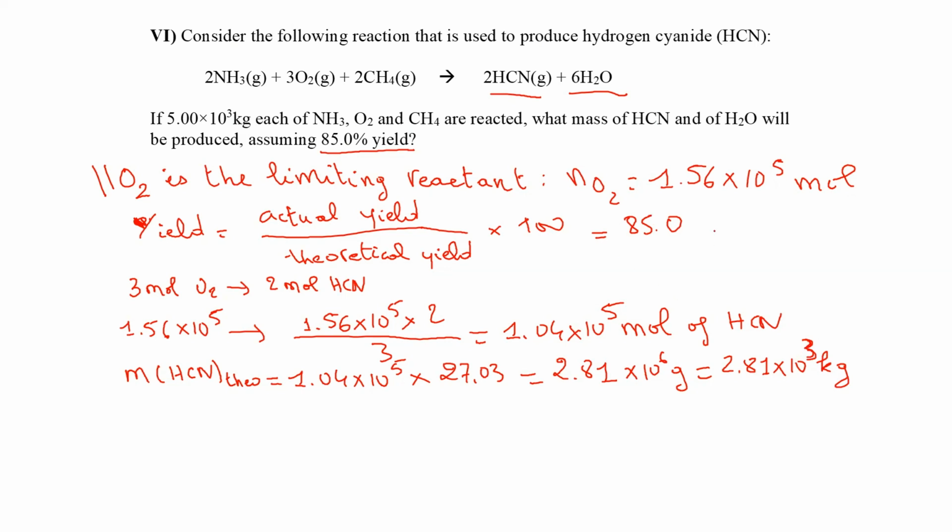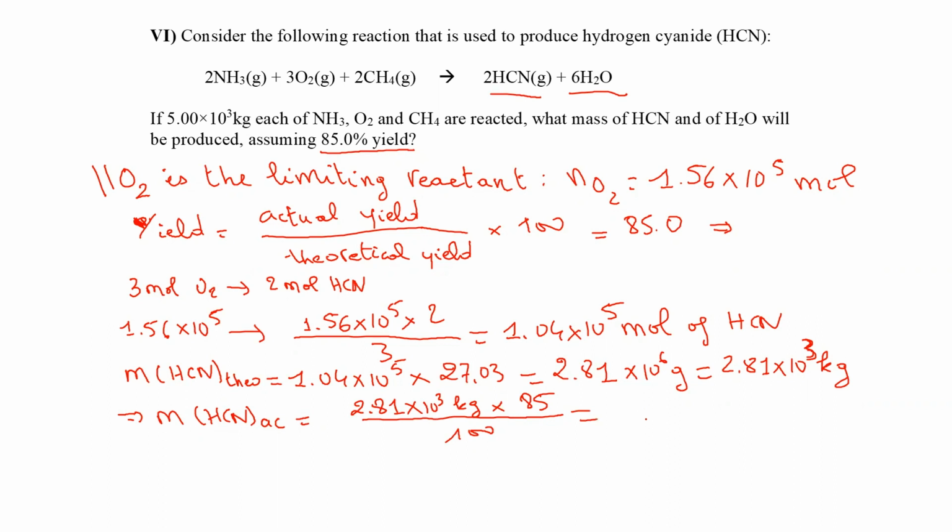So to get the actual yield, we can use this equation. We know that the mass of HCN actual will be equal to the theoretical yield, meaning 2.81 × 10^3 kilograms, multiplied by 85 and divided by 100.